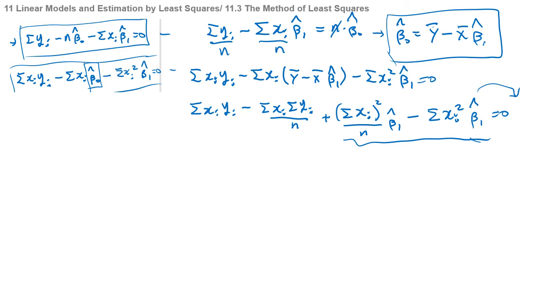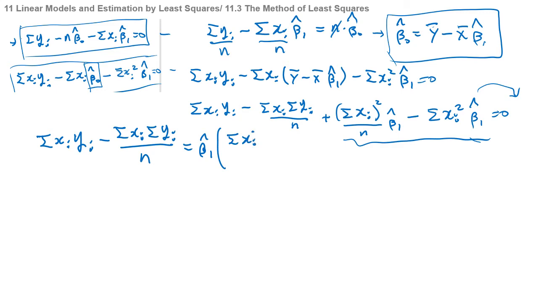If we move this part, sum of xi yi minus sum of xi sum of yi divided by n is equal to beta 1 hat times, and here we have, sum of xi squared minus sum of xi squared over n.